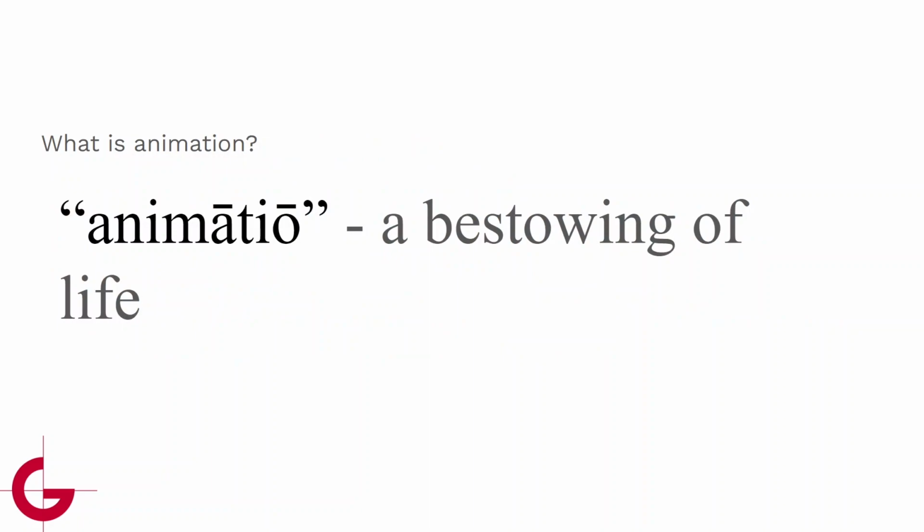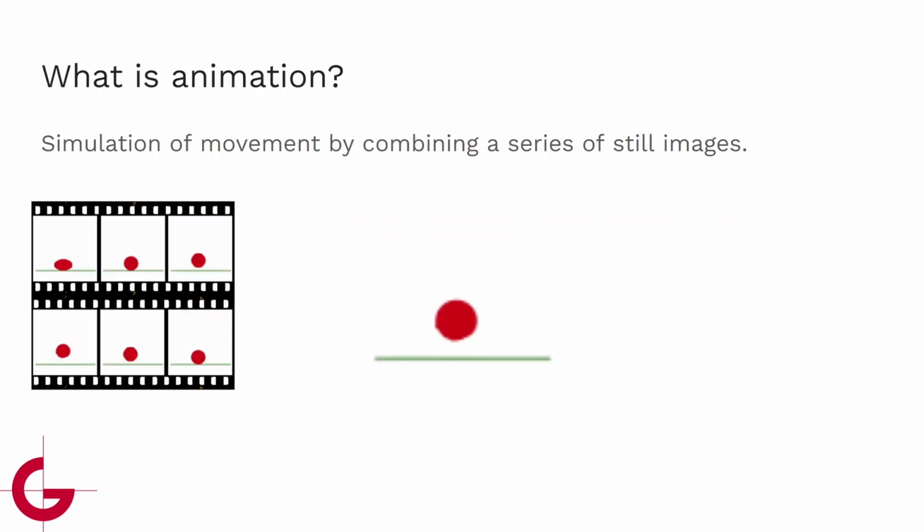So, first of all, what is animation? The word animation comes from the Latin word animatio, which means a bestowing of life. But in all seriousness, the definition is just a simulation of movement by combining a series of still images.